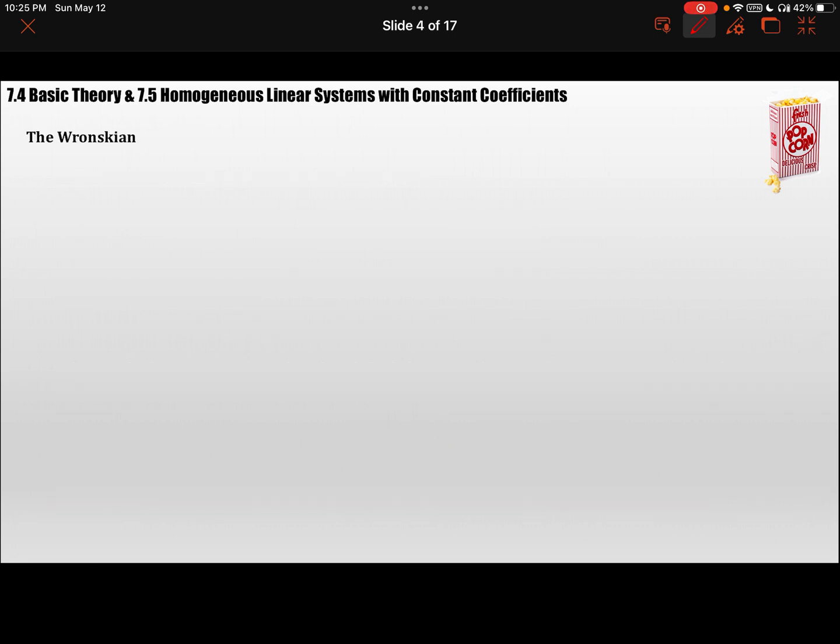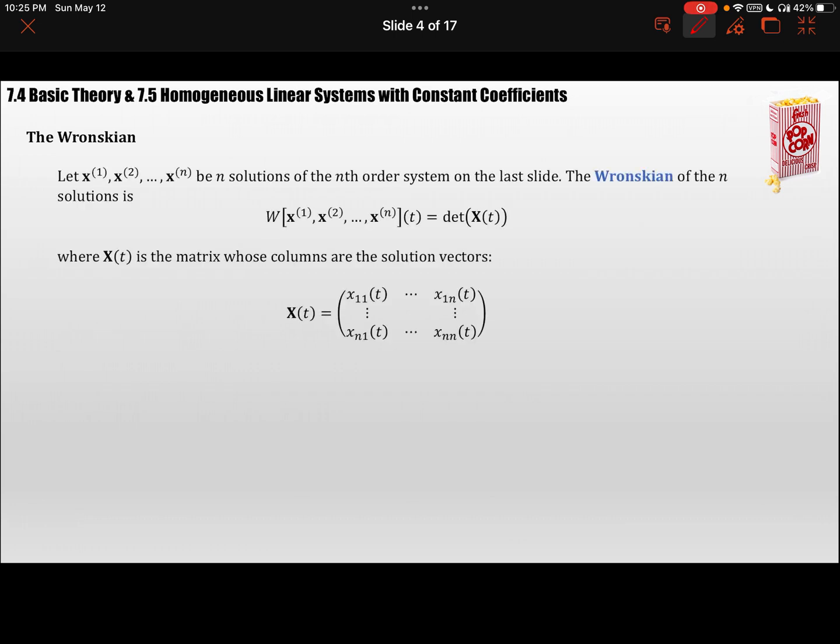In fact, we also have the appearance now of the Wronskian. And the Wronskian is going to be the determinant of this matrix X, capital X. It's the matrix whose columns, each column is those solution vectors, right?